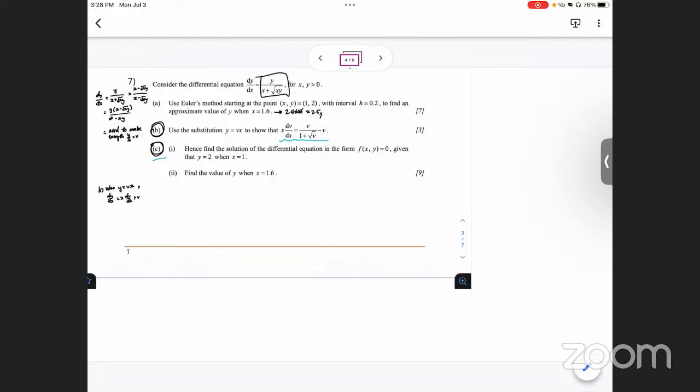Yep. Okay, so right now, if what he says is correct, we should be able to separate the variable here, right? So let's see whether we can. I'm going to stick with dv here and dx here. Okay, so I'm going to put my 1 over x there. And then over here, I will have this whole thing, which is very difficult. Okay, so I don't think I'll do that first, right?